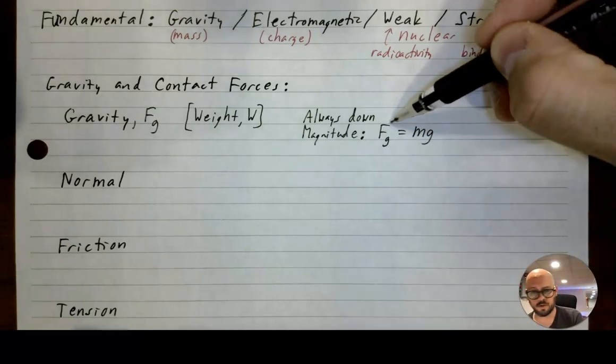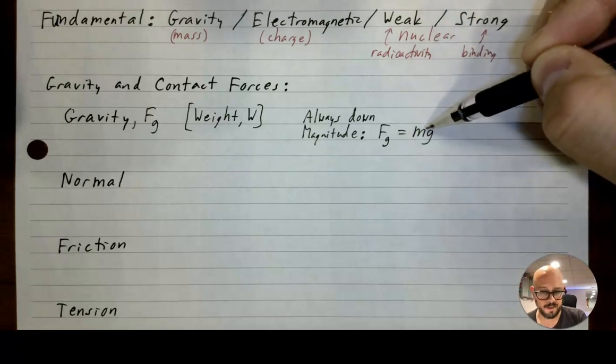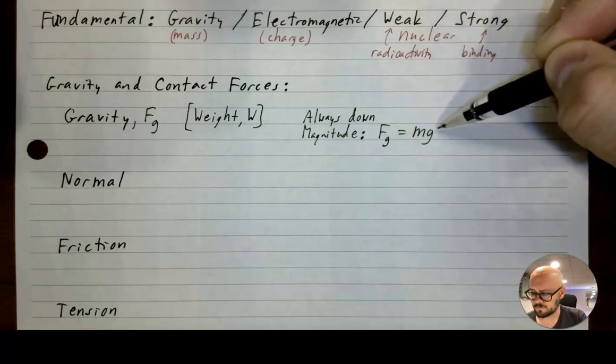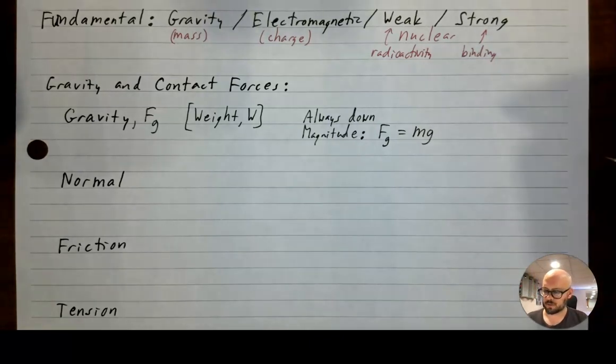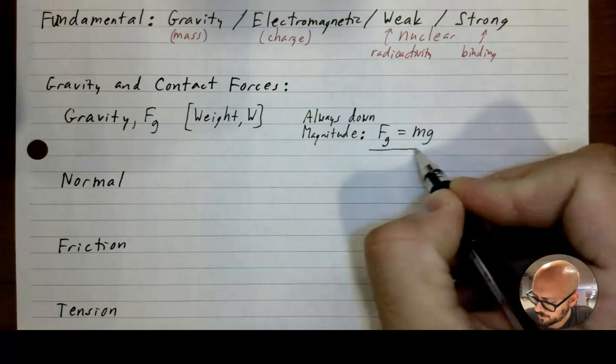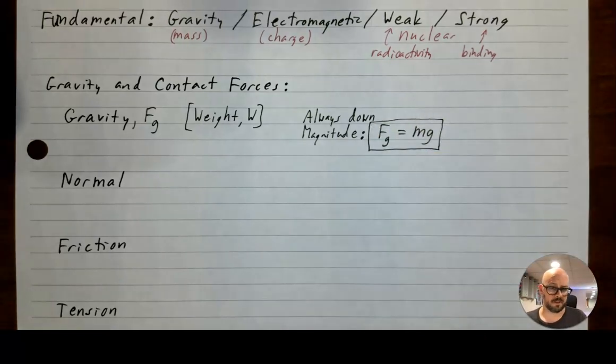So the force of gravity on an object that's on Earth's surface is equal to the object's mass times the object's acceleration due to gravity, which is 9.8. We will talk more about mg later, but this is a really important equation and one that you're going to forget over the course of the next day and a half, and then all of a sudden we're going to use it all the time, and you'll remember.